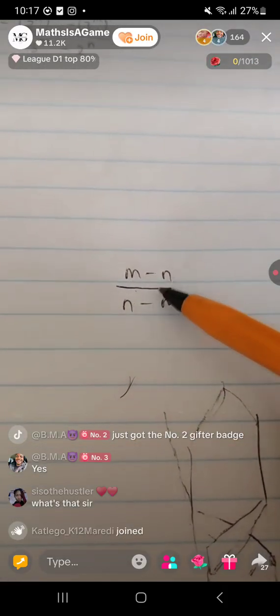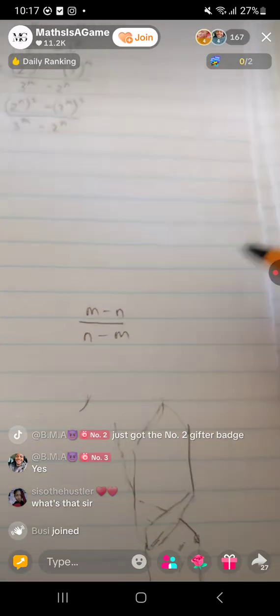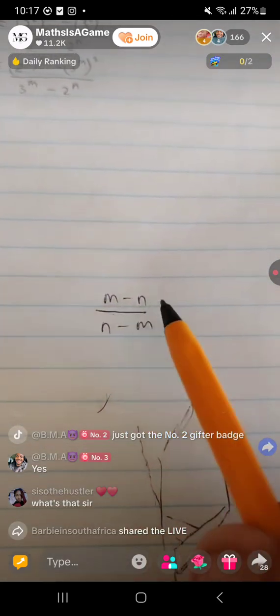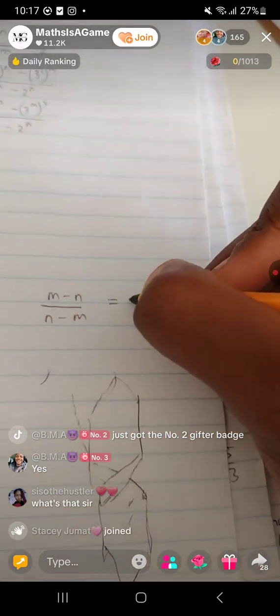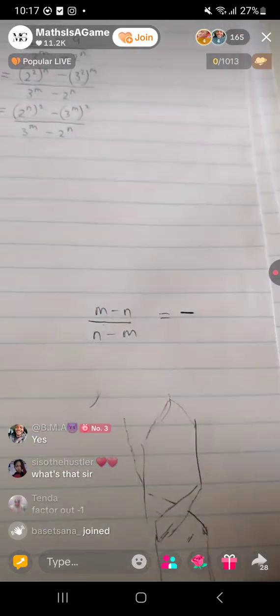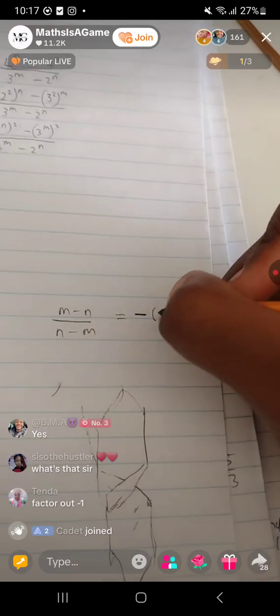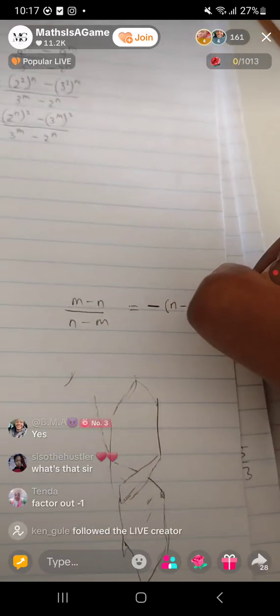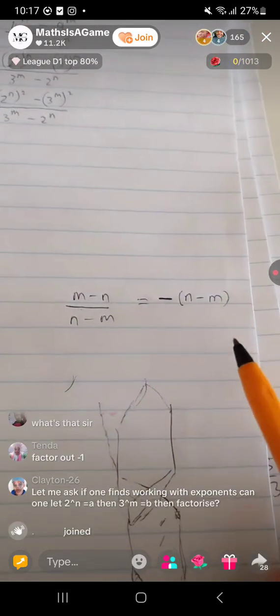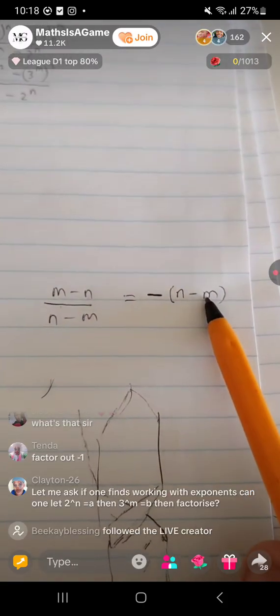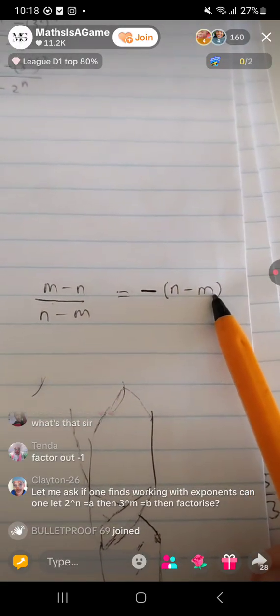But when you have a subtraction sign in between, you can take out a negative sign in the numerator. Then you rewrite the order in the numerator as n minus m.